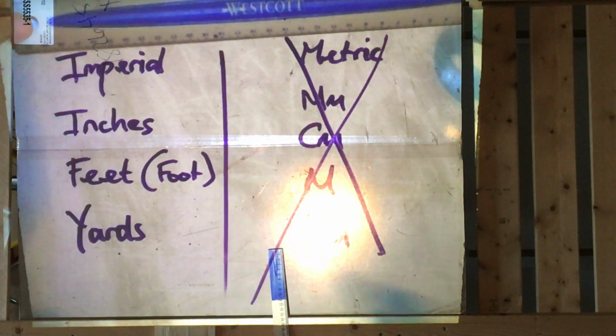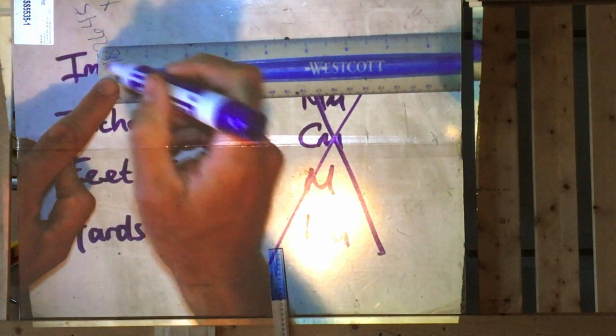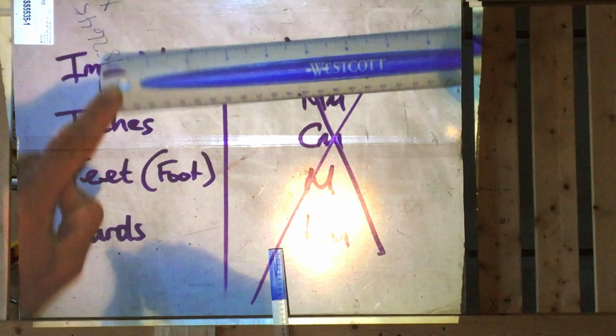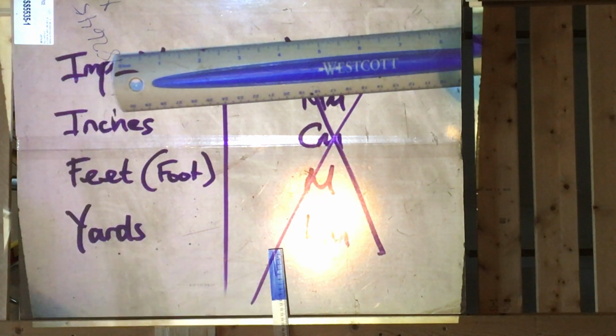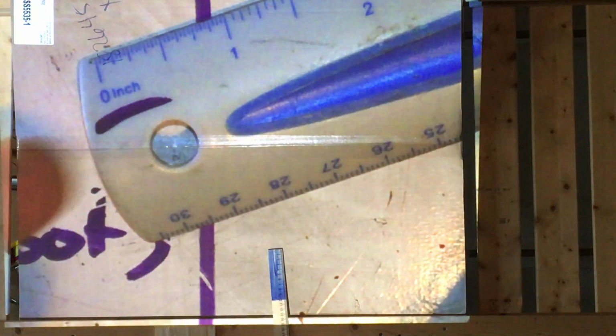Now, if I just move in on my ruler here, you can see right here, I'm going to underline it right there. If I can zoom in, let's try that. There we go. You can see the word inch, and on a normal ruler that's 12 inches long. Okay.